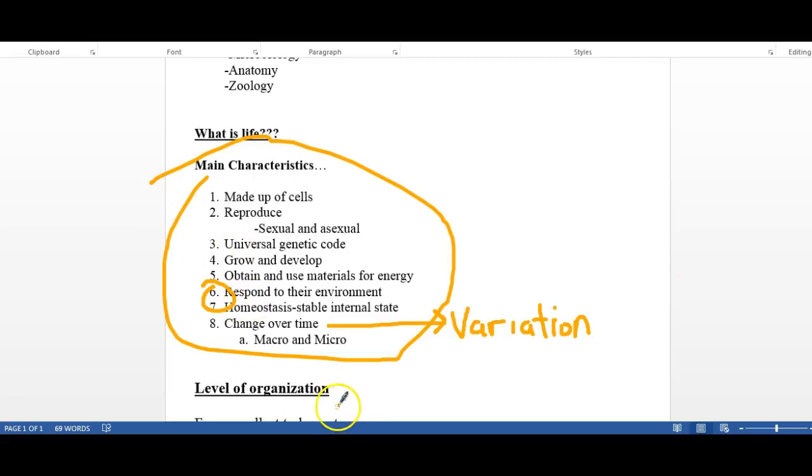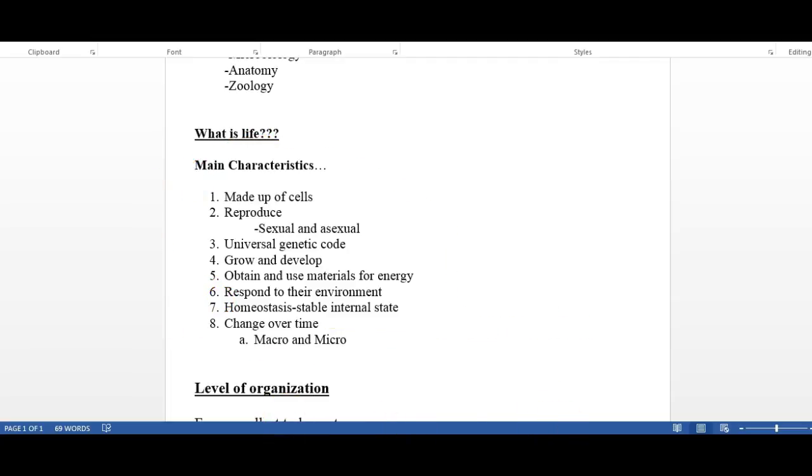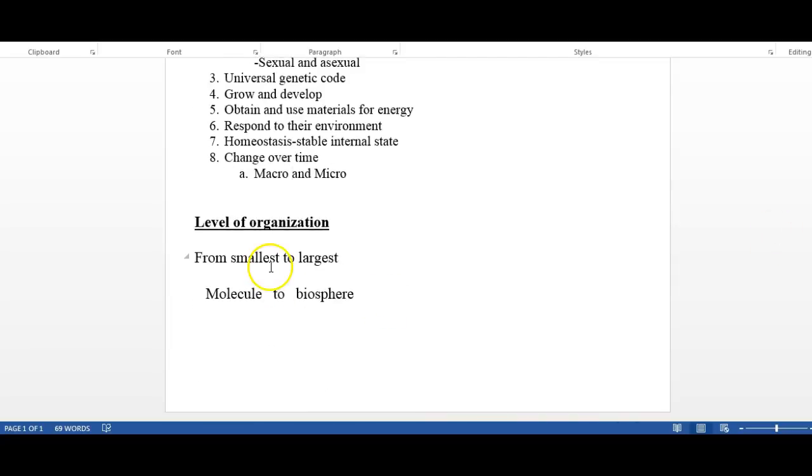Okay. And the last thing we want to talk about in these notes is the idea of levels of organization. All living things have this, and they go from very simple, maybe unicellular things, to more complex organ systems. So you have these basic organic molecules that make up all living things. You have proteins, nucleic acids, carbohydrates, and those.